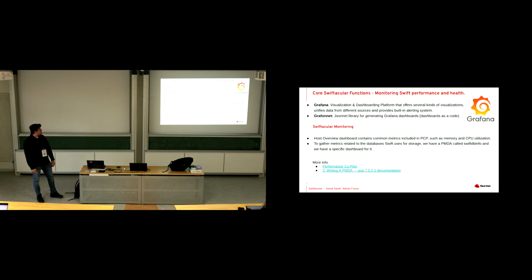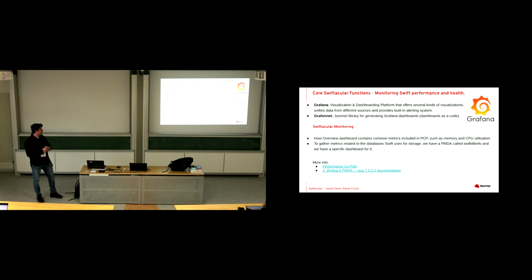Well, I mentioned here about the network, it's what I said in the previous slides. Okay, for the monitoring, we are using Grafana. I guess that people use Grafana here also. A visualization and dashboard platform. And we are using Grafonnet, that is basically a very nice library that Grafana has. It uses Jsonnet language, that is basically an extension of JSON, and you can use it as dashboard as code. You can write code and deploy in a very automated way dashboards and visualizations.